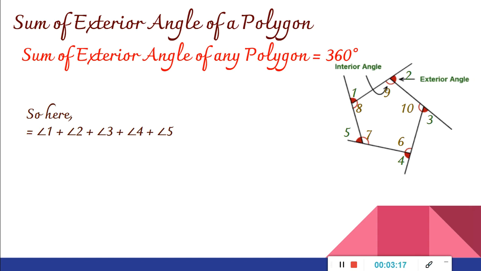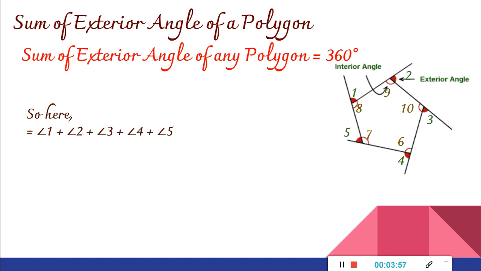Now looking at this diagram, angle 1 plus angle 8 is a straight angle, isn't it? Like angle 2 plus angle 9 is also a straight angle. Angle 3 plus angle 10, that is a straight angle. These all are linear pairs. A straight angle means the sum would be 180 degrees, right?